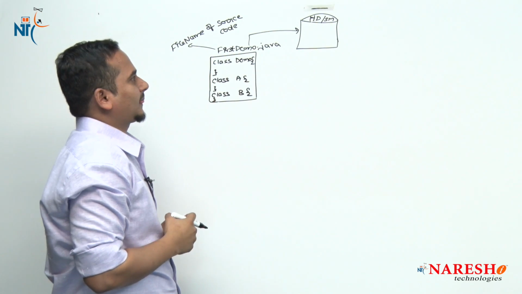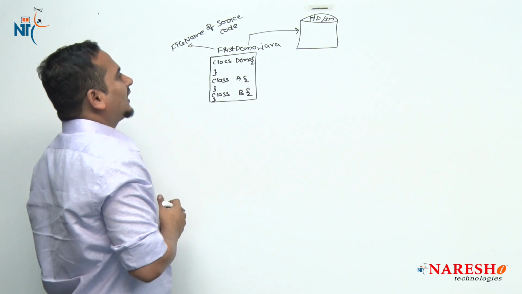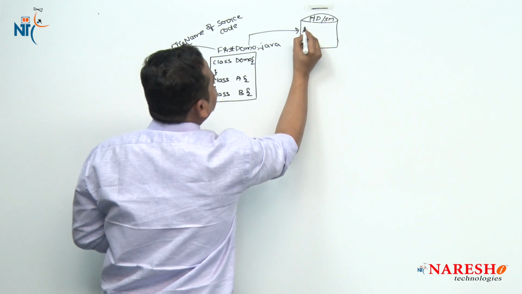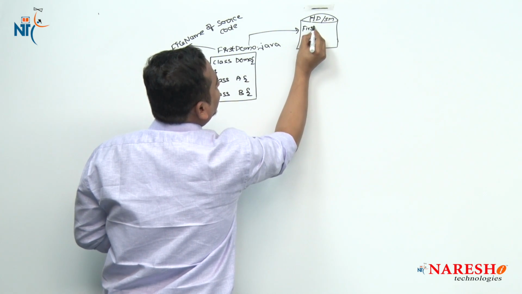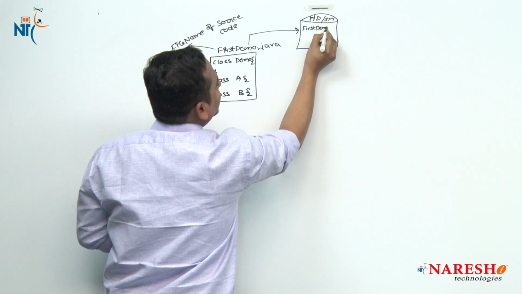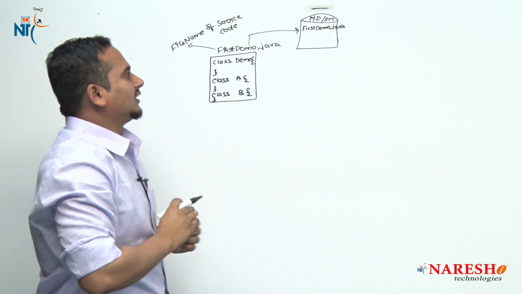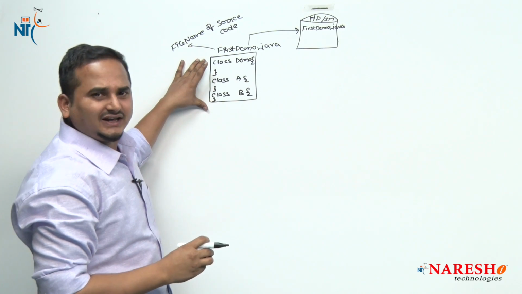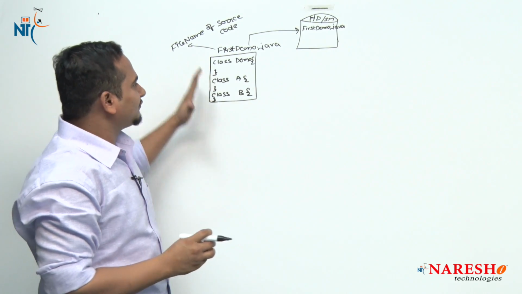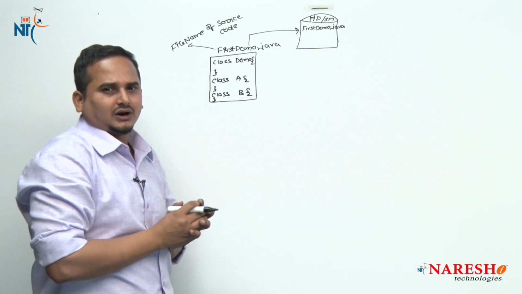Secondary memory. Now observe here, in this secondary memory the file will be placed as it is, nothing but saved. Now this is what exactly? Source code.